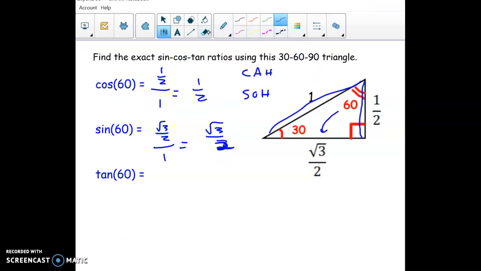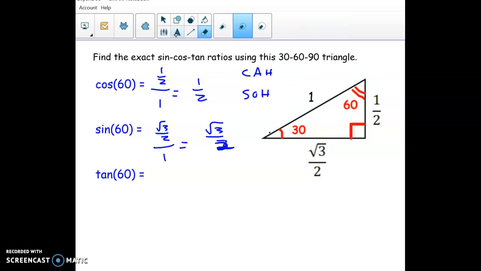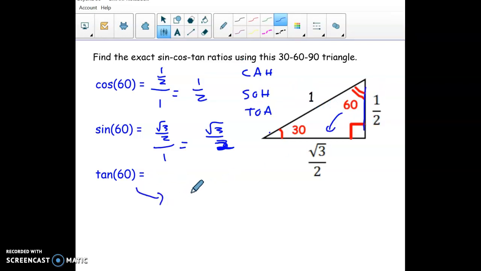Tan, my picture's a little bit messy now, but for tan we're going to have to do a little more work. Tan, again, is opposite over adjacent. So for tan of 60, we're going to do opposite square root of 3 over 2 divided by adjacent 1/2. And then to clean this up, I'm going to turn this big fraction bar into division.